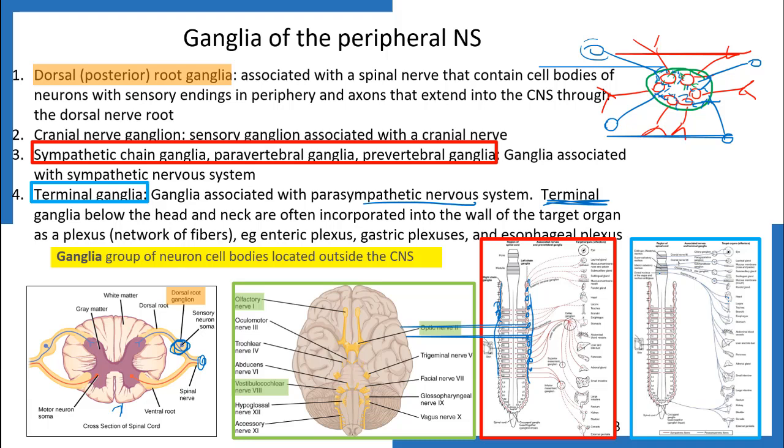So you can see here, the parasympathetic nervous system starts in the CNS, projects outwards, and it ends in the terminal ganglia that are located right in the organ walls that it innervates.